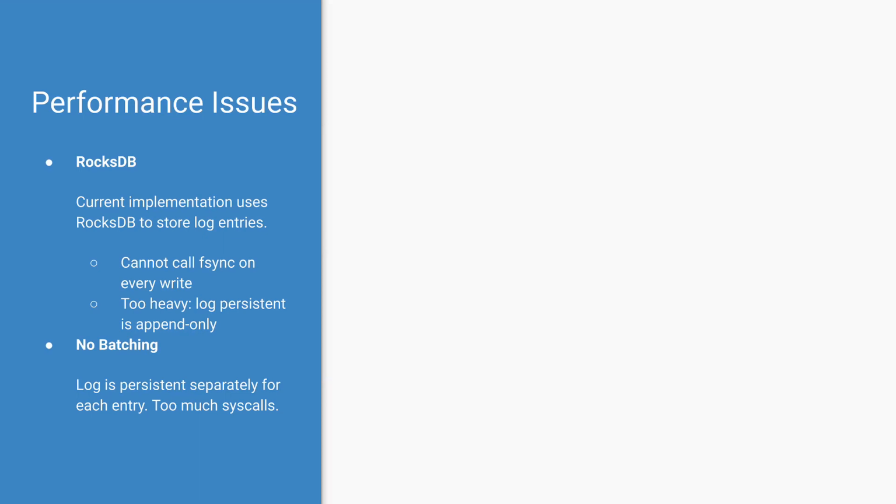The second issue is that there's no batching in the current persistence approach, because Xline will persist each log entry separately, and it will cause a lot of system calls under heavy load, which has a huge impact on performance.